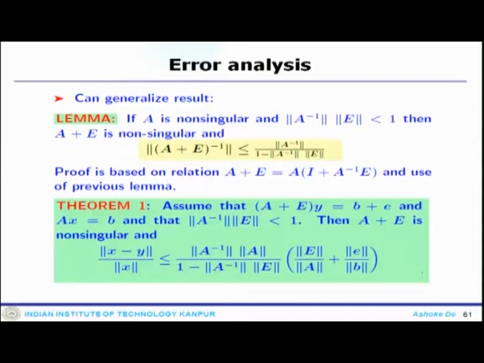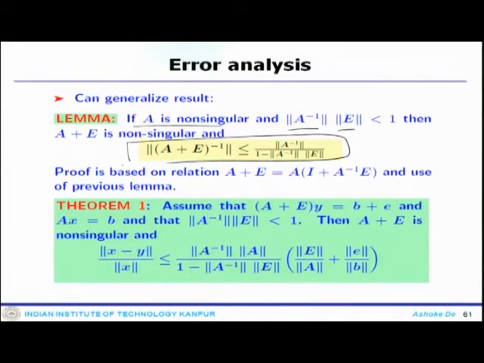So, the thing is that if we can generalize that lemma, if A is non-singular and the norm of A inverse times the norm of E is less than 1, then A plus E is also non-singular, and that satisfies this. One can also prove this based on the previous one.